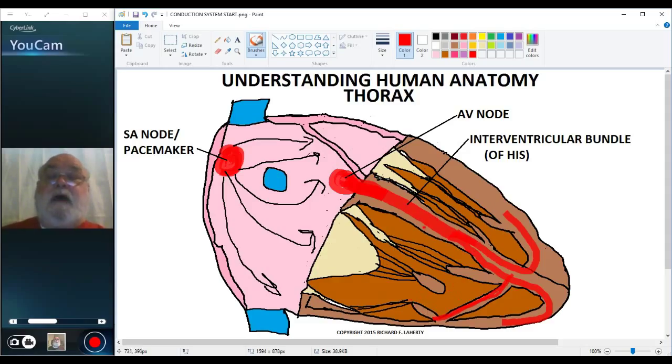The reason the papillary muscles get the signal to contract a small fraction of a second before the rest of the ventricular musculature is so that these muscles can start contracting to keep tension on the chordae tendineae. Remember, their function is to take up slack in the chordae tendineae.